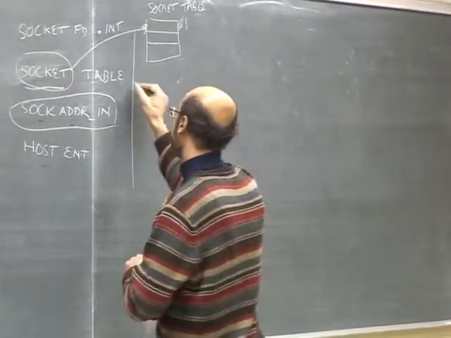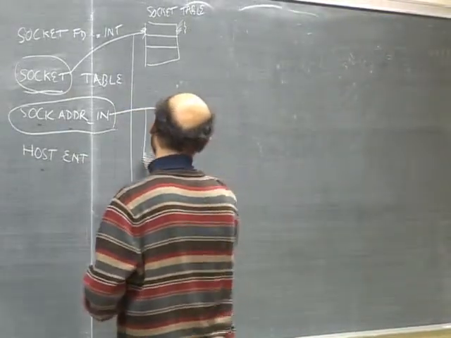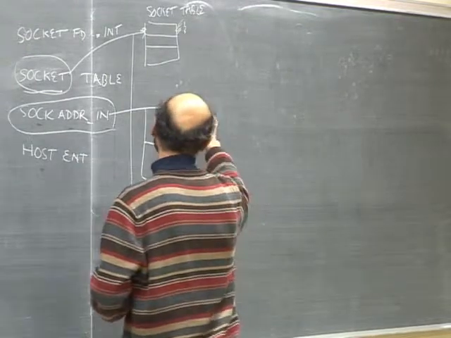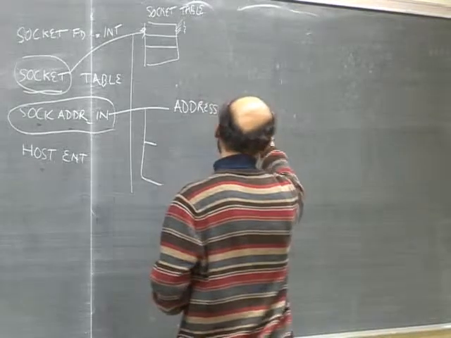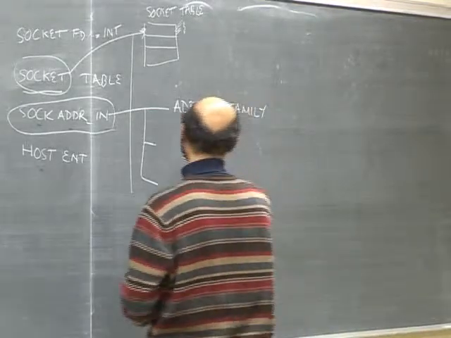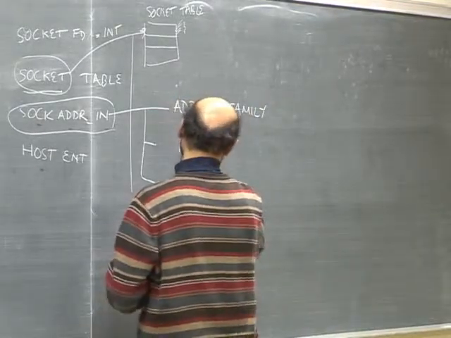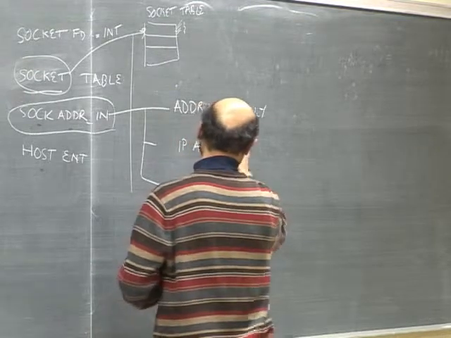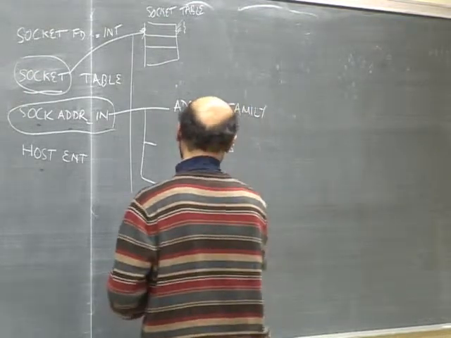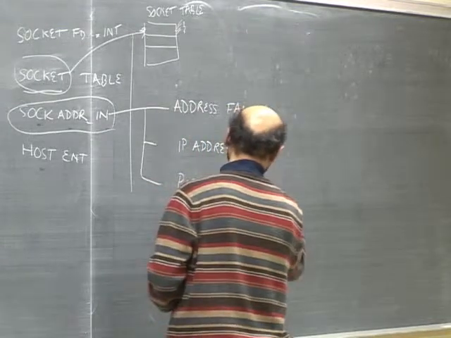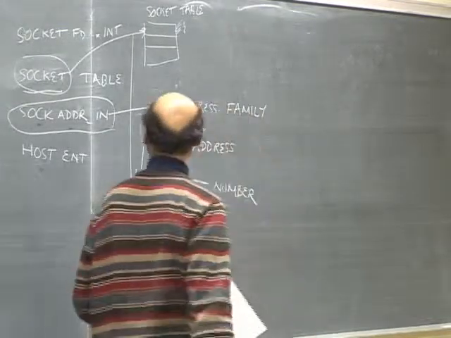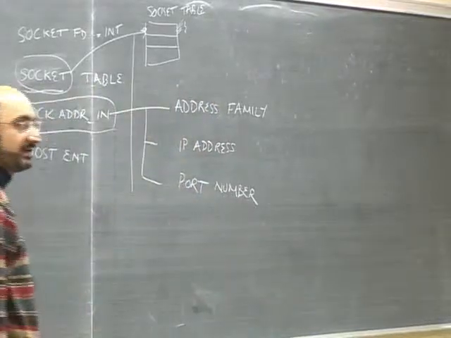One of them is called the address family, and I'll talk about that in a minute. Then there is the IP address, and then there's the port number. All right, so what is the address family?